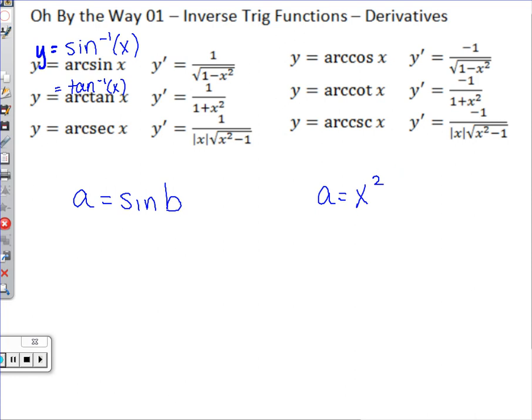If I wanted to get b all by itself, what would I do? We would take the square root of both sides. We'd get plus or minus, but not worrying about that for this moment. We would say b equals square root of a. And that's how we undo things, right?